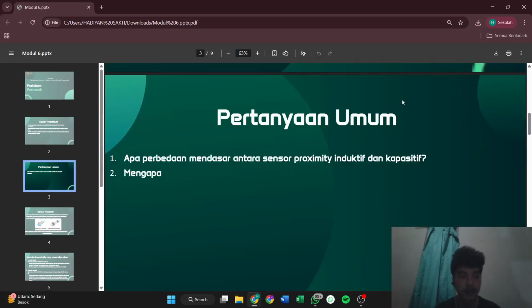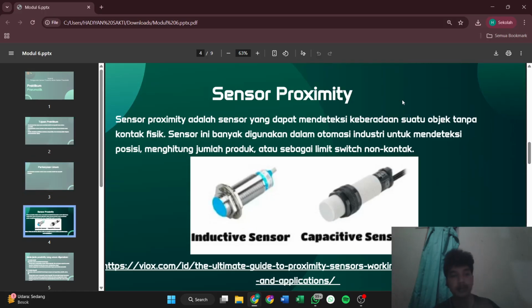First, what is a proximity sensor? A proximity sensor is a sensor that can detect the presence of an object without physical contact.